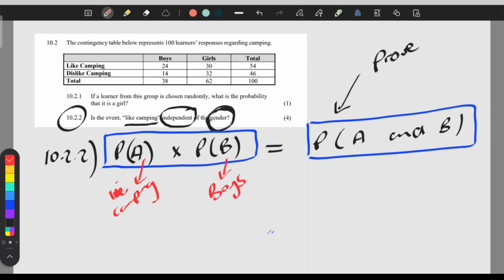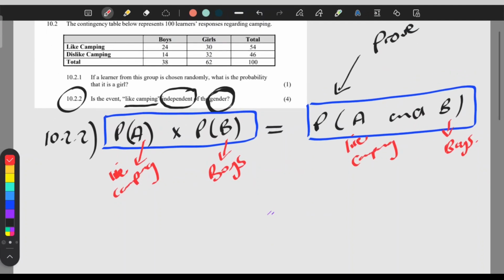So I'm going to use like camping and boys. So this is like camping, and this is now boys. Okay, so let's see. What is the probability of liking camping? Leave the boys or the girls out of this now. Just P of A, the probability of liking camping. So I'm going to go to like camping and look at the total.